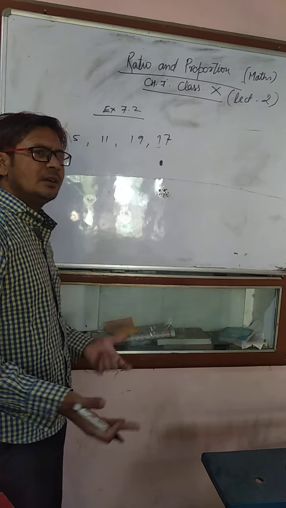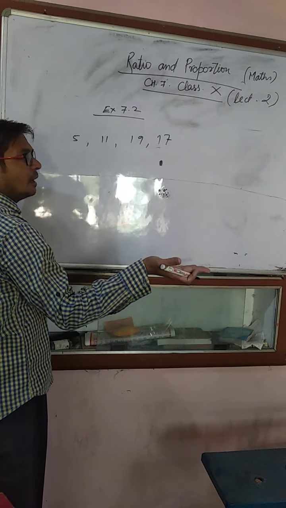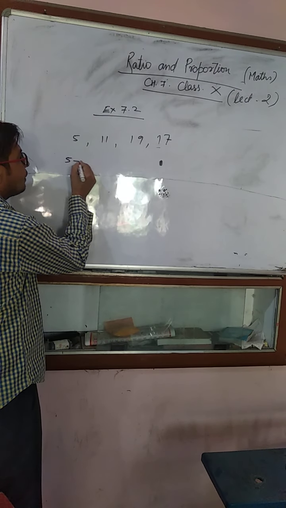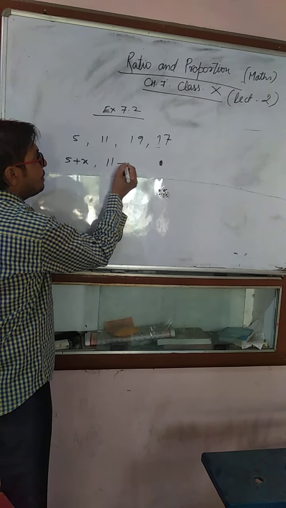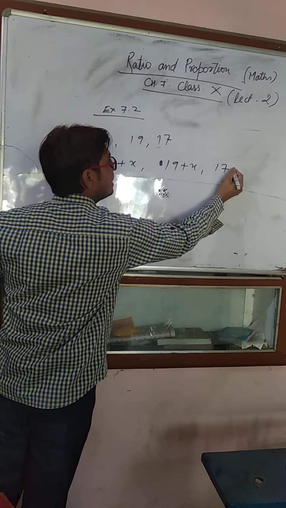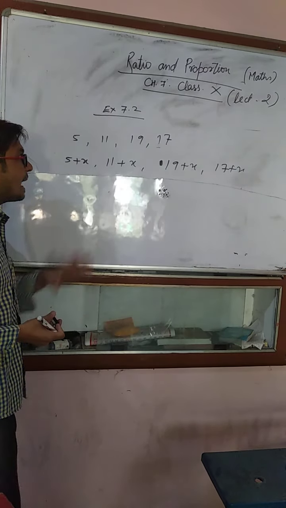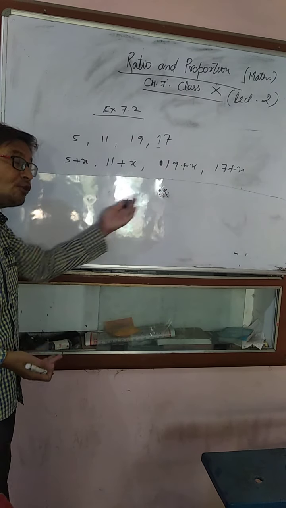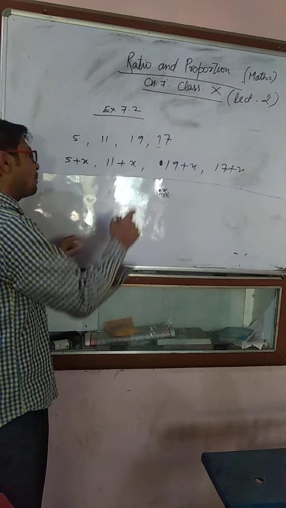It is not difficult, it is so easy. You just write 5 plus x, 11 plus x, 19 plus x, and 17 plus x. It becomes in proportion, not in continued proportion, only proportion.